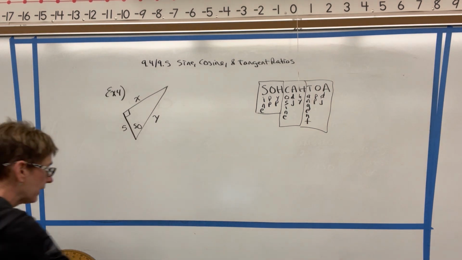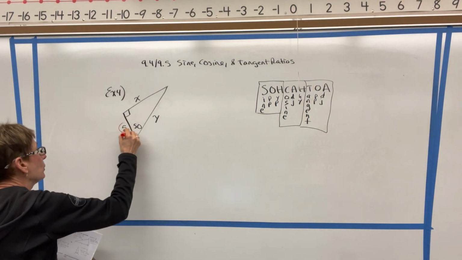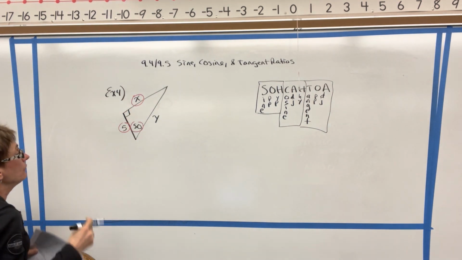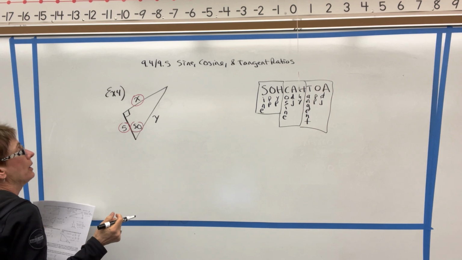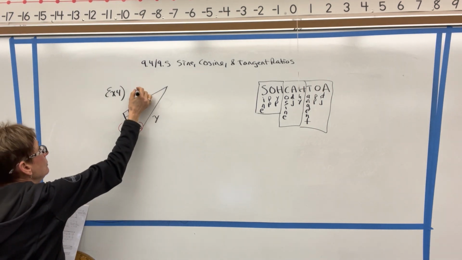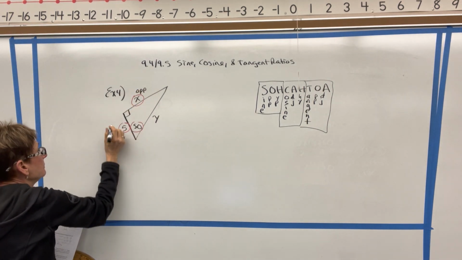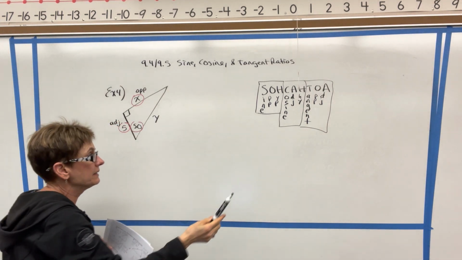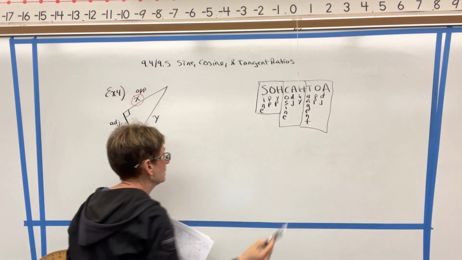I'm going to solve for x first just because I'm going to go in order of the alphabet. I'm going to circle 3 things, only one of which I don't know, and I'm going to label my parts. I've got an angle, I've got the side opposite it, and I have the side adjacent to it. So I can see here that I need to look at tangent.